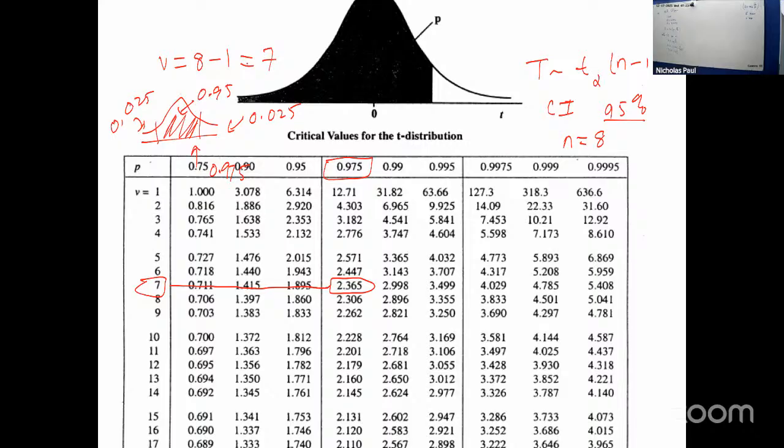Write a small example down now. Find the critical value for a t distribution where n is equal to 8, for a 95% confidence interval.